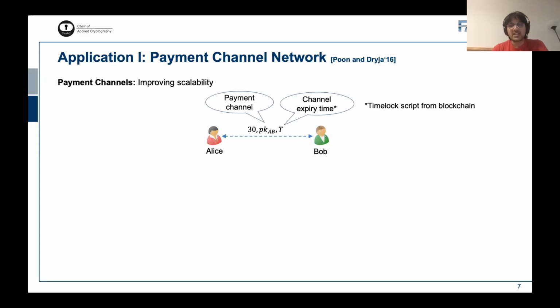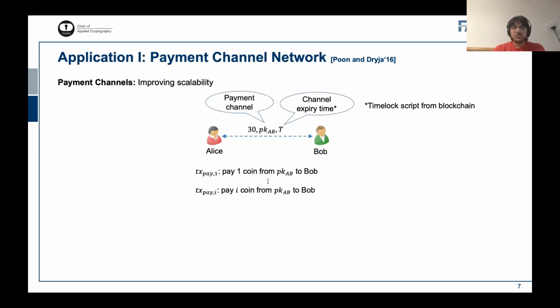Usually this expiry time is realized through some time lock script from the blockchain. So they share this key, or the payment channel. And how do you make payments? If Alice wants to make payments, she generates a transaction TXPay1 that pays 1 coin from the shared address to Bob.